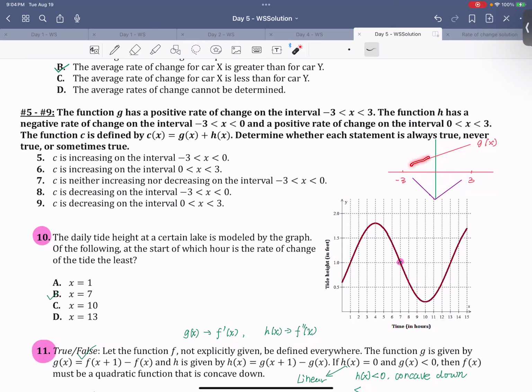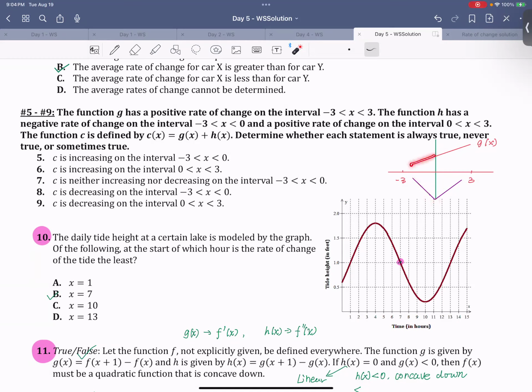This is increasing. This is decreasing. This guy's slope, I put it mild, like 0.2, 0.5. This guy has a -1 slope. So this guy is going down faster, this guy going up slower.